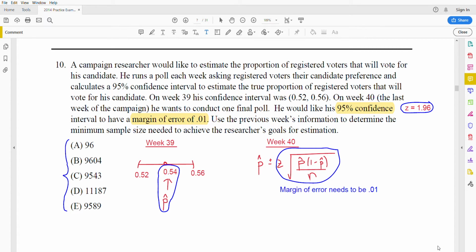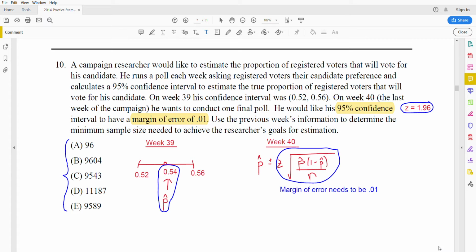Using my little shortcut, second enter, and let's type in 11,187, and you get 0.00923. That's not as close. That doesn't get us as close to the desired margin of error of 0.01. So C is still looking like the best choice so far, but we've got to test out E.